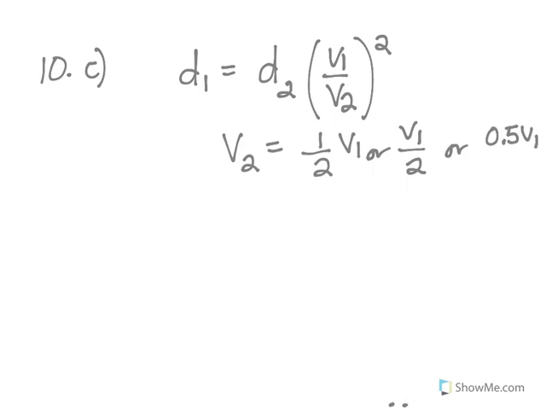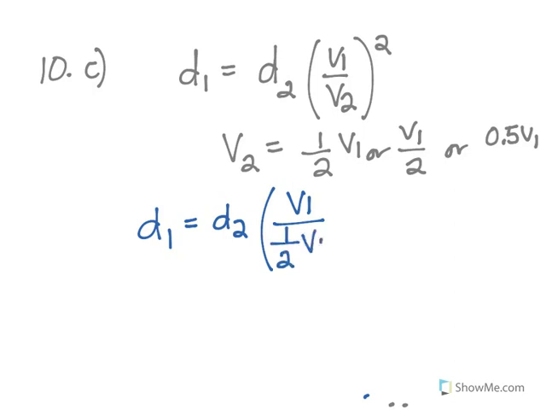So what I'm going to do, kind of like the last problem, is make a substitution. So we're going to substitute in. We've got d1 equals d2. In the numerator, we've got v1, but this time in the denominator, instead of plugging in v2, we're going to plug in 1/2 v1, like that. Okay?